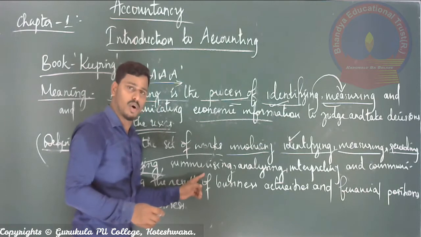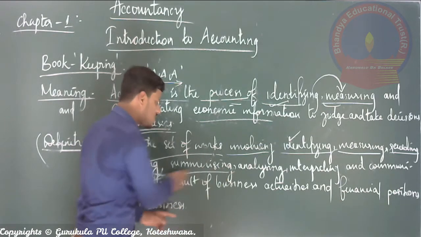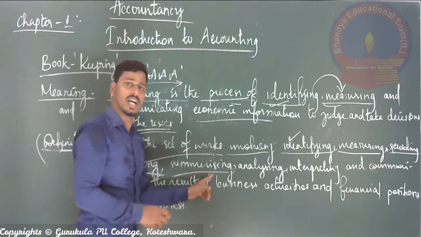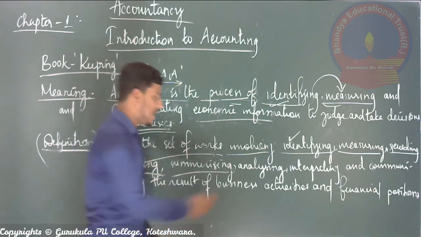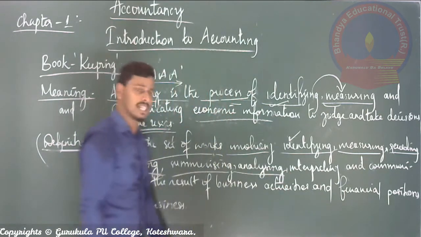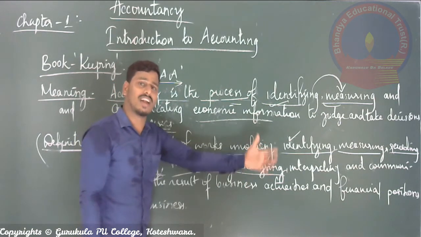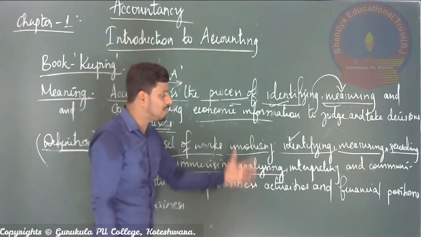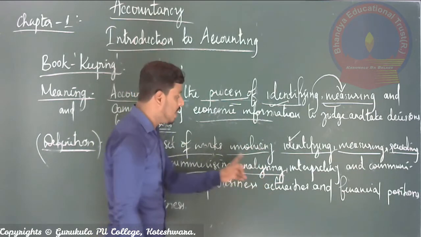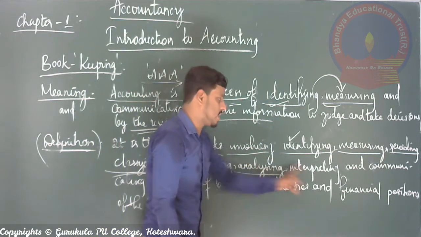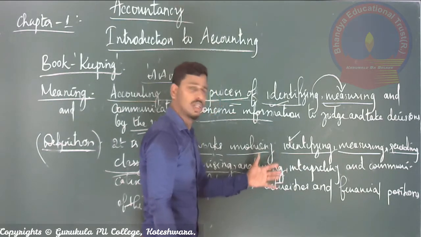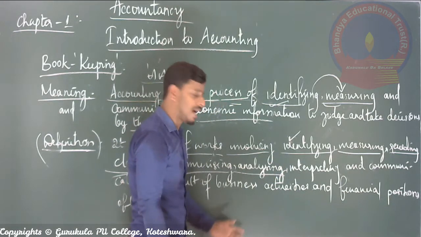This is also important because if summarization is not done, then it is very difficult to calculate the amount of profit. Next is analyzing. Analyzing is also important for the preparation of final statements or to calculate the profit or loss of the organization. Analysis as well as interpretation are actually done in the organization combinedly.